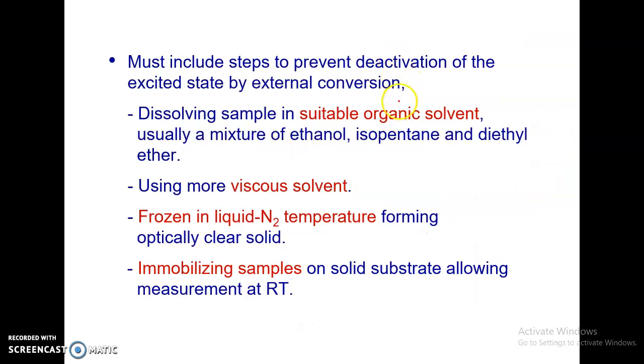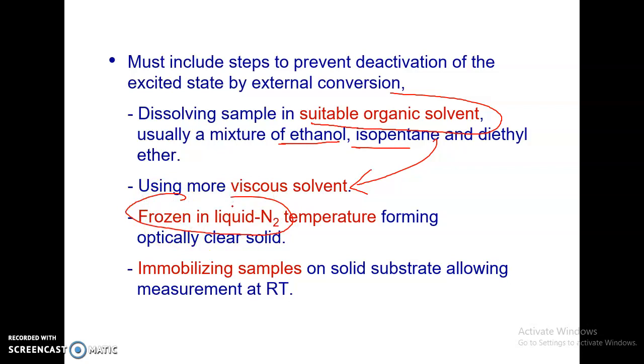Okay, in phosphorescence, in order to maintain the phosphorescence radiation, you have to dissolve in a suitable organic solvent. Usually it's ethanol, isopentane, but most of the time you can use a more viscous solvent, or you can use frozen liquid nitrogen.